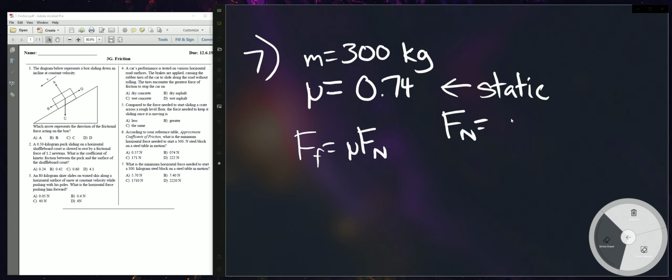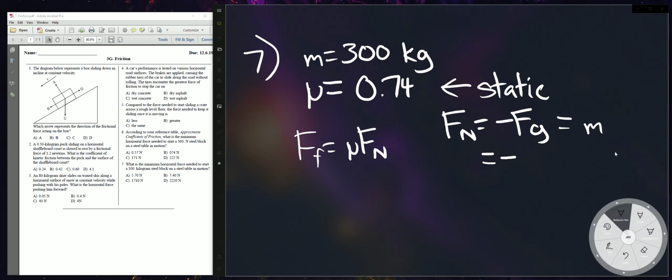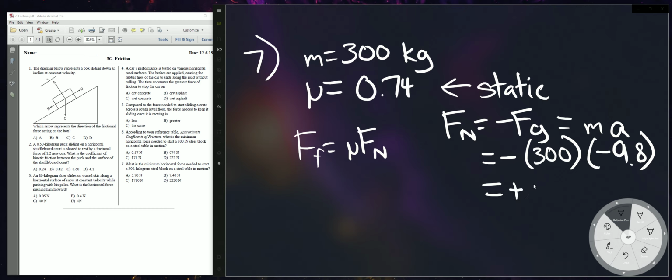You know Fn is negative Fg, and Fg is ma. What's m? 300. And a, the acceleration due to gravity, is negative 9.8. You get a positive number, somewhere around 3,000.